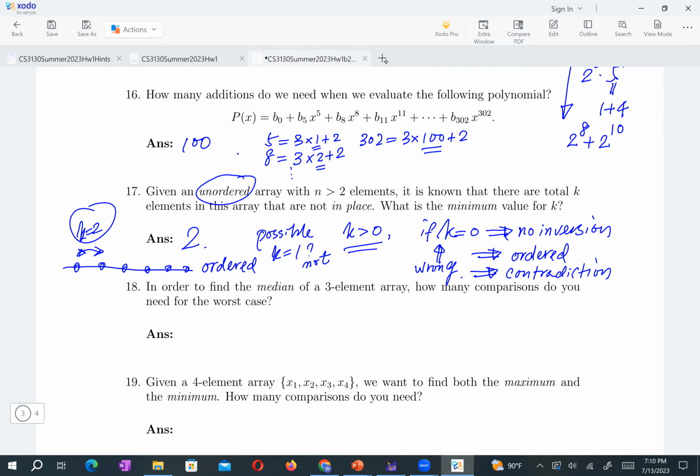Number 18, find the median, the answer is 3. And we know sorting a 3-element array needs 3 comparisons.